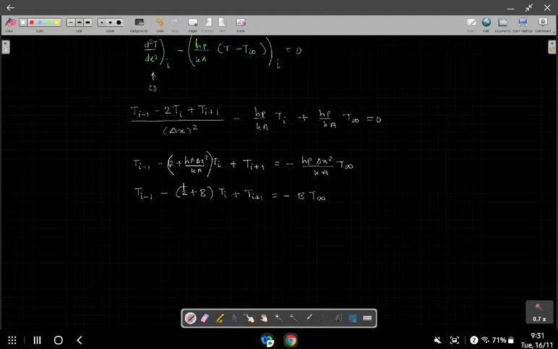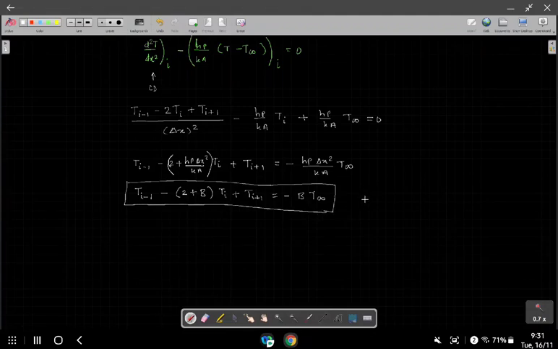So this is the consistent equation, this finite difference equation, for this particular differential equation, ODE, or you can say PDE also.